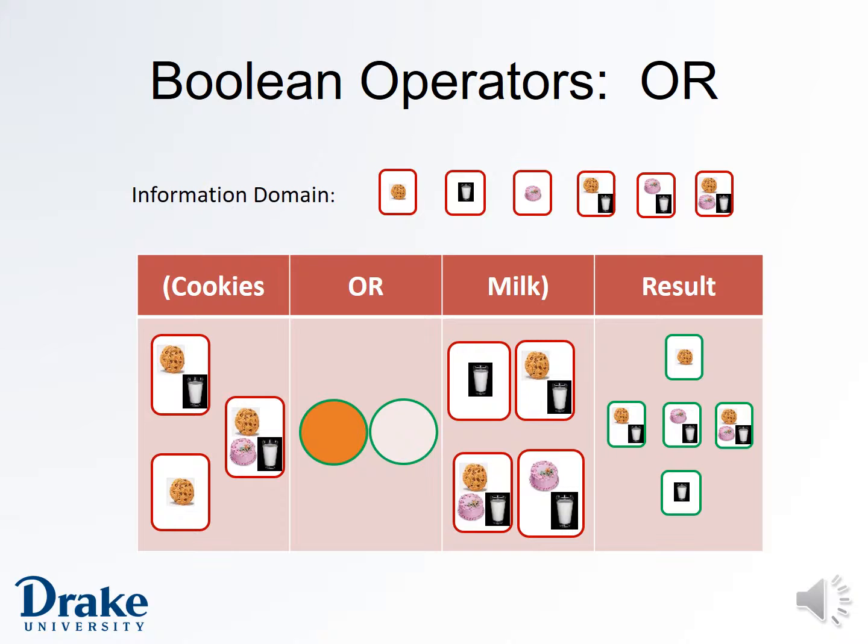And my reply is, Lily, you can have cookies or milk, which means I'm giving her less. So in a Boolean operator sense, from searching, cookies AND milk increases precision, whereas in natural language, cookies and milk actually decreases precision, or she gets more. And the opposite holds true. So when you use a Boolean operator, keep that in mind.